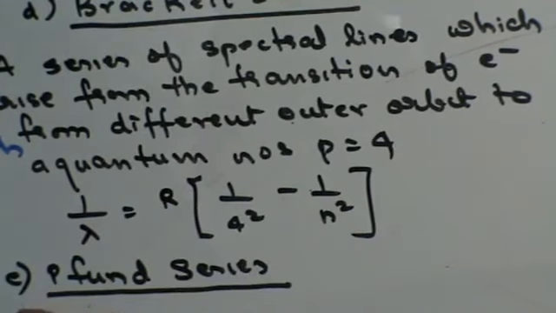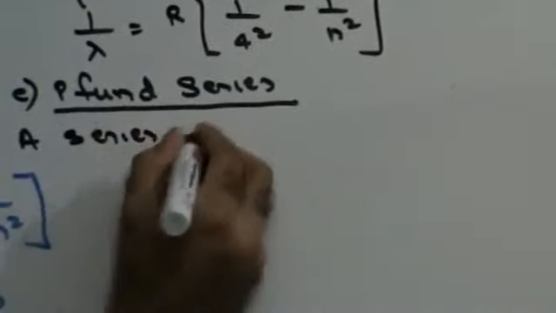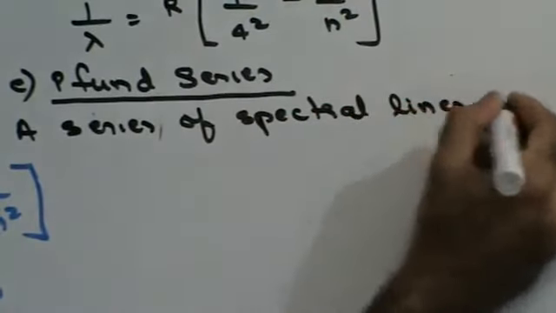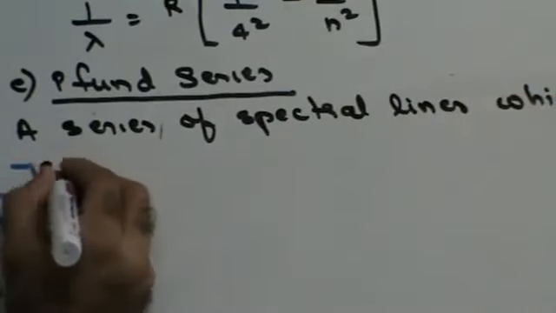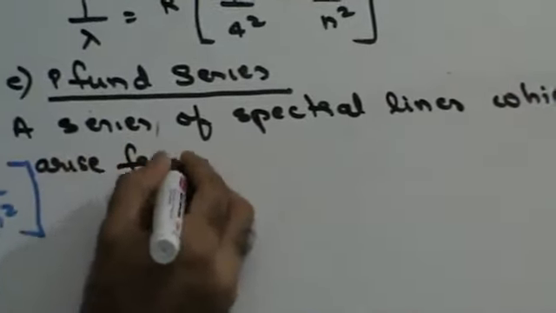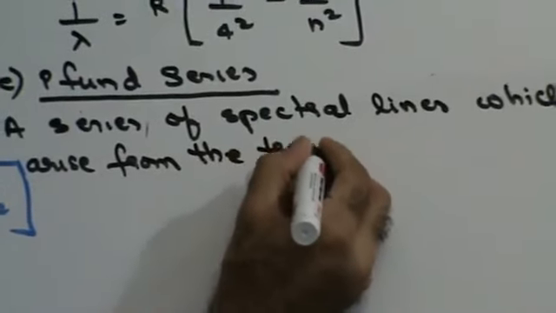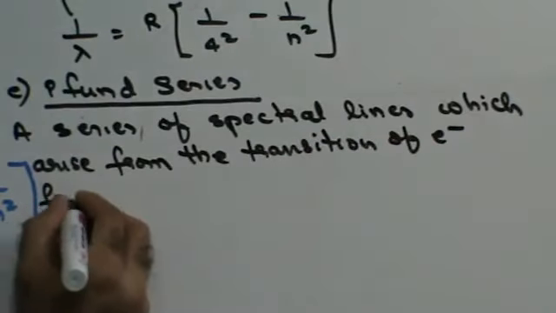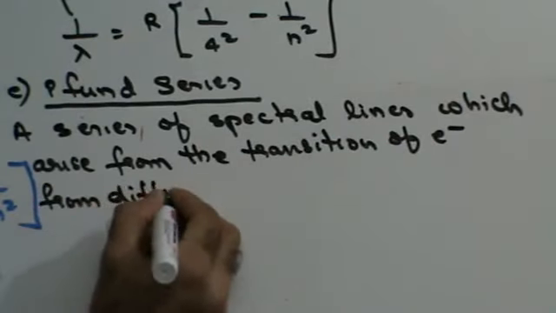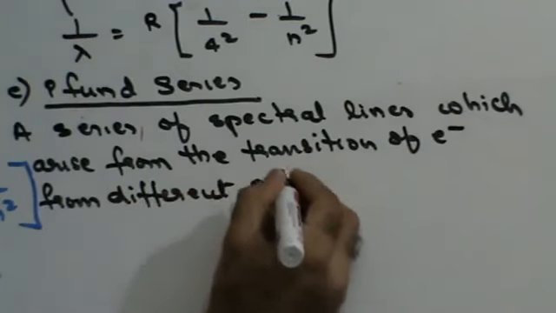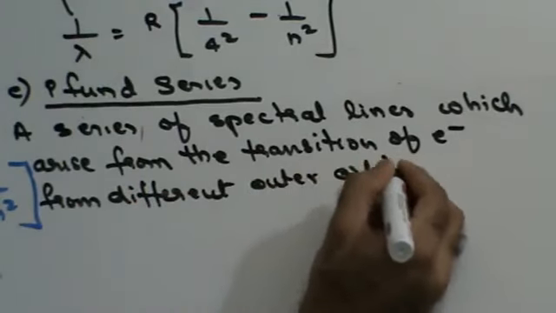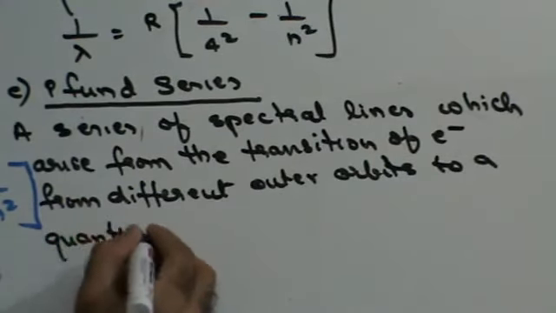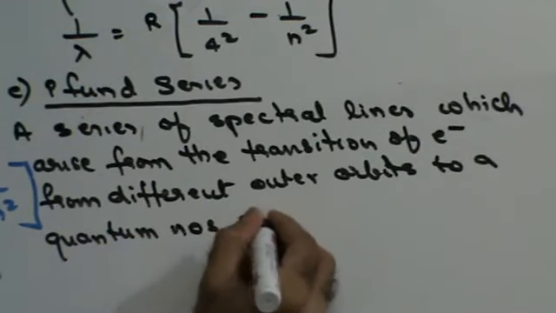Right? So, very simple again, a series of spectral lines which arise from the transition of electrons from different outer orbits to a quantum number p is equal to 5.